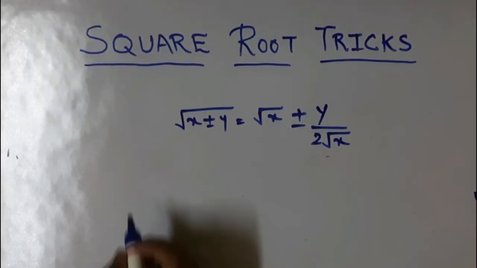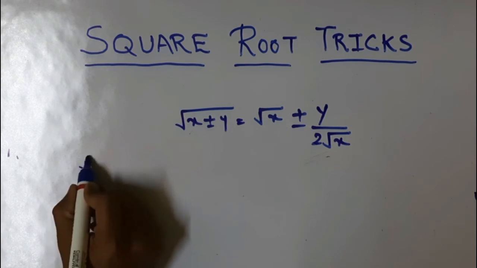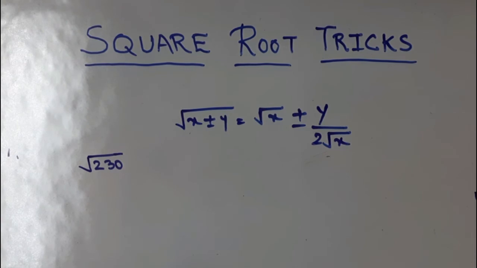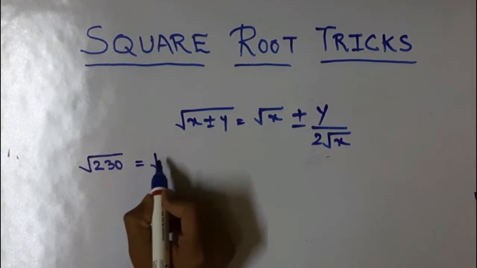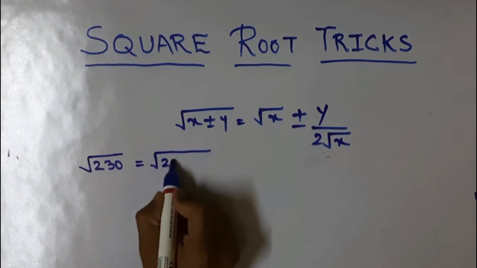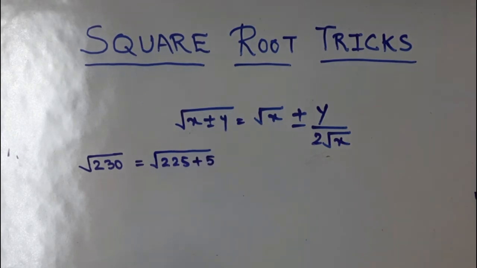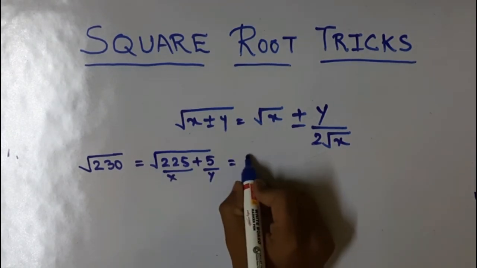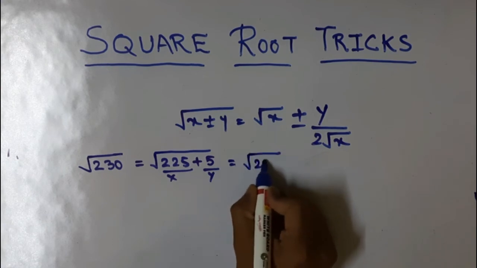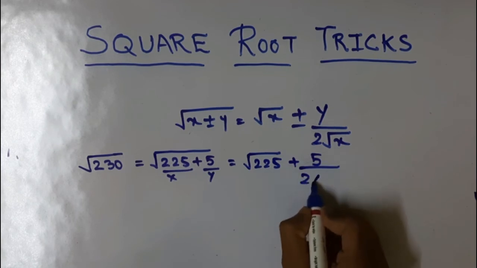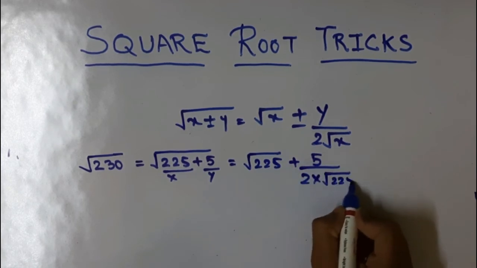Isn't it easy? Now let's do a little bit bigger number, a 3-digit number, that is 230. What is the nearest perfect square of 230? It is 225. So we will break it as 225 plus 5. We can write it as root 225 plus 5 by 2 into root 225.